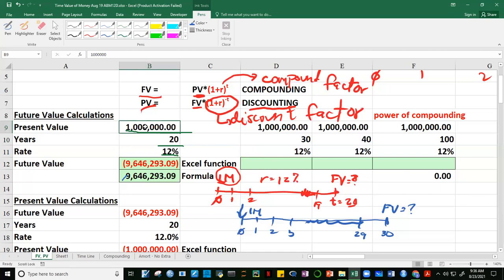So transactionally, parang pumasok yung pera, ibig sabihin either nag-loan tayo, umutang tayo, no? So pumasok yung 1 million. And then at the end of the 20th period, at the end of year 20, outflow yan. Maglalabas tayo ng pera, ibig sabihin magbabayad tayo. Okay, so kaya hindi siya pwedeng maging positive din kasi transactional yung treatment ni Excel dito.